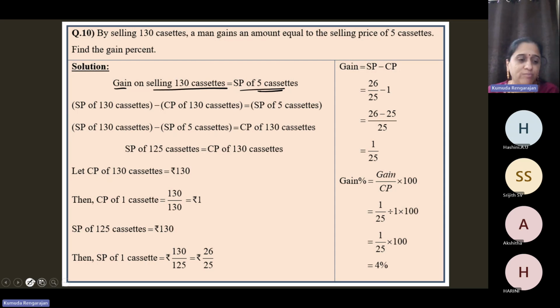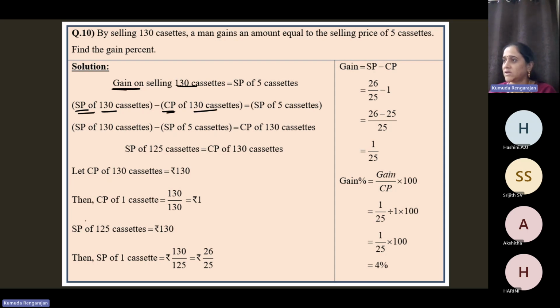Now, how do you express profit? SP minus CP. So under this, I've written the equation from the question. Now, after the equal to sign, I've written it as it is, SP of 5 cassettes. Now, gain is SP minus CP. Gain on selling 130 cassettes will be SP of 130 cassettes minus CP of 130 cassettes.